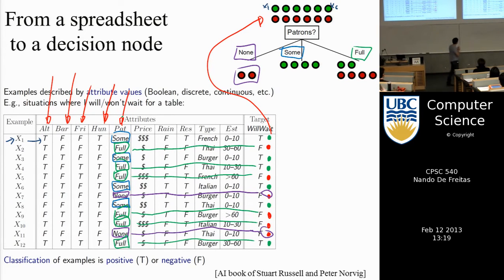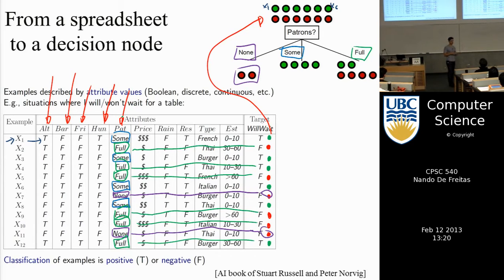Some variables like bar are binary, so you either have a bar inside or you don't have a bar inside. And some variables have discrete ranges, like for example, the estimated wait time is either 0 to 10 or 30 to 60.